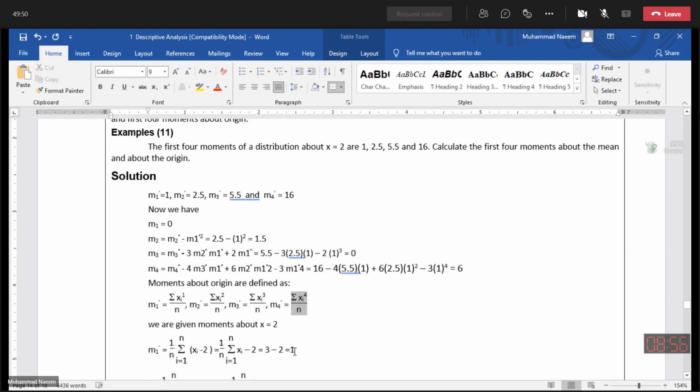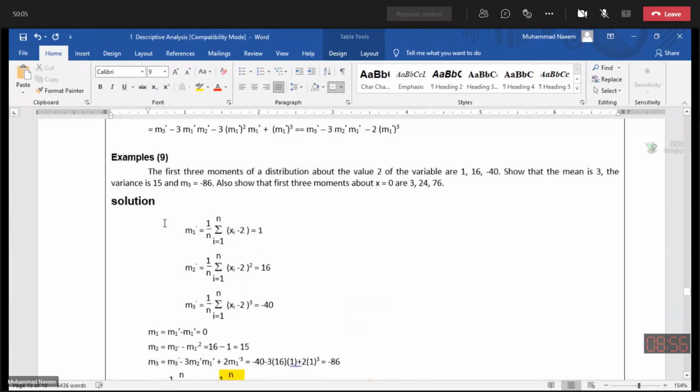What is available, what is given in our case. First of all, express your given data.